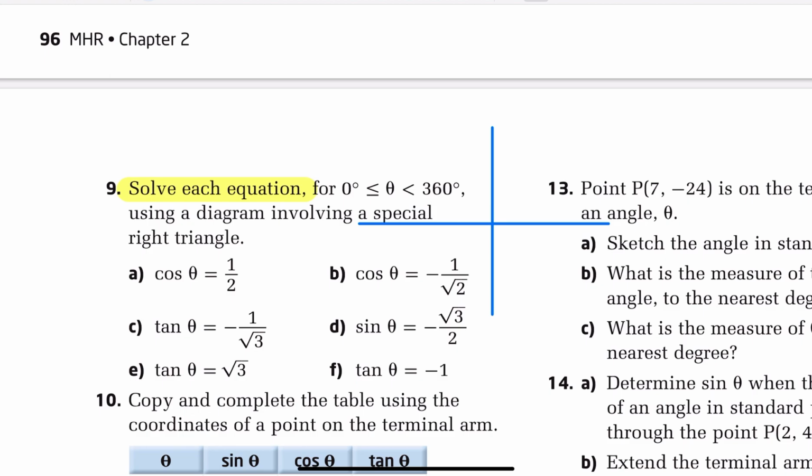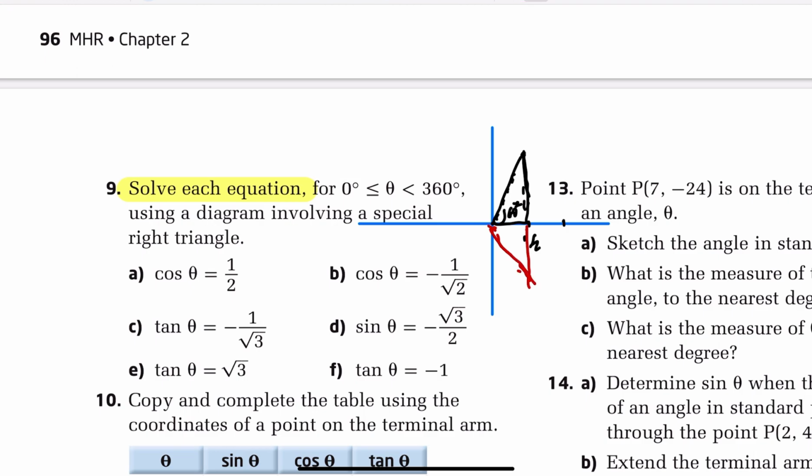This is 1, this is a half, so the angle is 60 degrees. The angle downside also has the same thing.